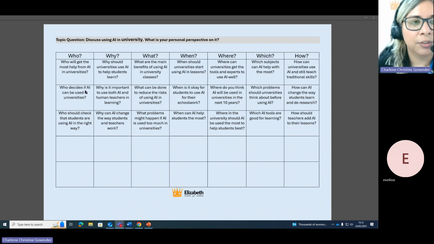Fantastic. So basically with this who question, we are looking at all the people who are using AI in universities. We don't know who those people are just yet, but asking these questions will help us to get an understanding of who these people are.